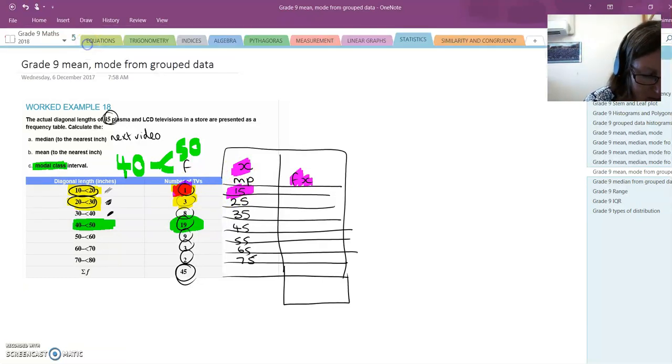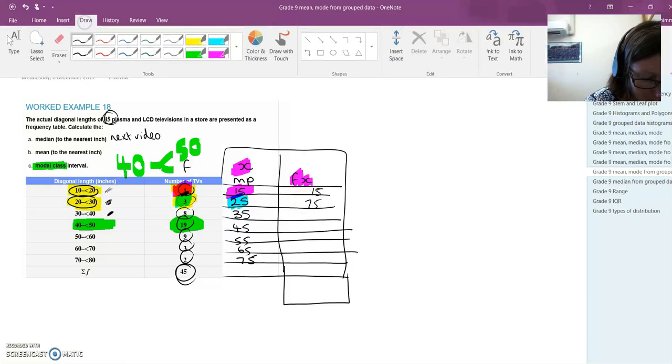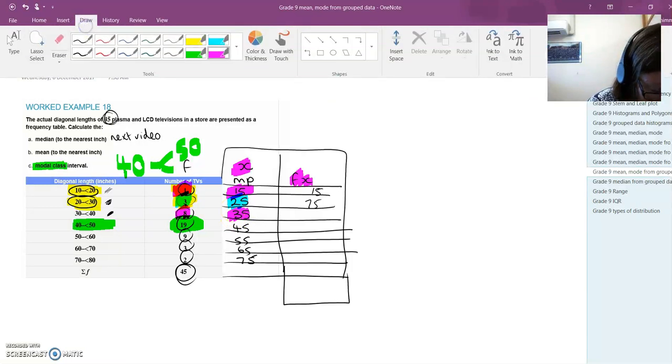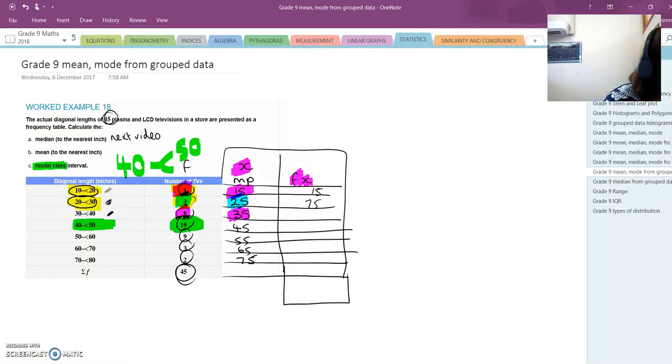1 times by 15 is 15. We then do F times by X. 3 times by 25 is 75. We then do F times by X. 8 times by 35, which is 280, sorry.